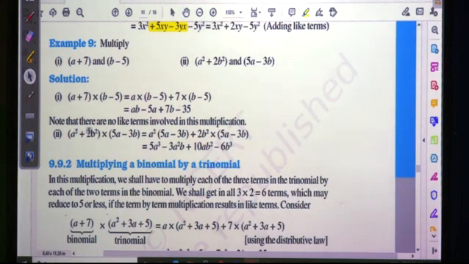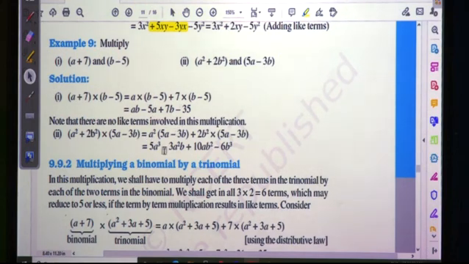a square plus 2b square into 5a minus 3b. a square in bracket 5a minus 3b plus 2b square in bracket 5a minus 3b. a square into 5a, 5a cube. a square into minus 3b, it is plus and this is minus.